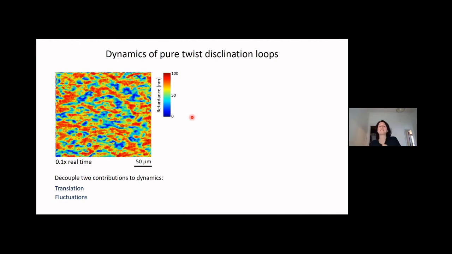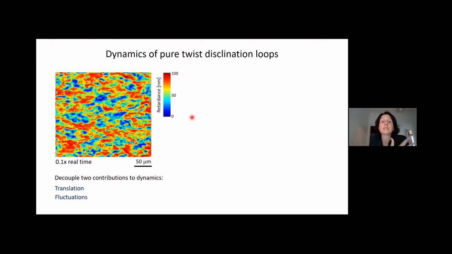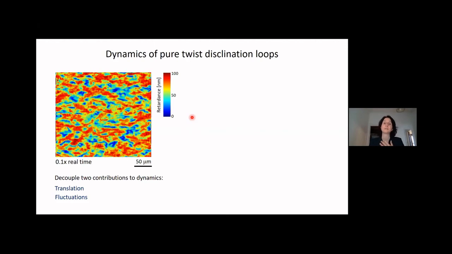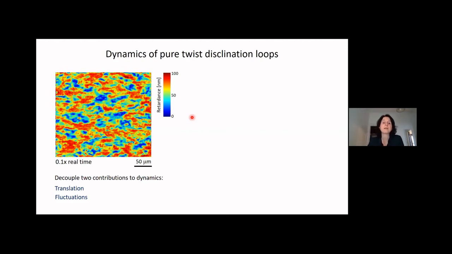Now, finally, given that we can image the full retardance map in a single image, we can record this retardance map fast enough to also get information about the dynamics of these pure twist disclination loops. And here we have to consider that we actually have two contributions to the dynamics: the somewhat trivial translation in the background flow, but then also the fluctuations of these disclination loops, which is what bears some interesting information.